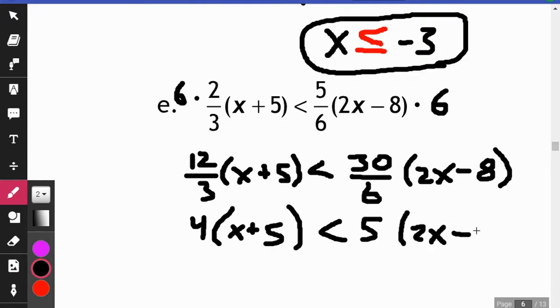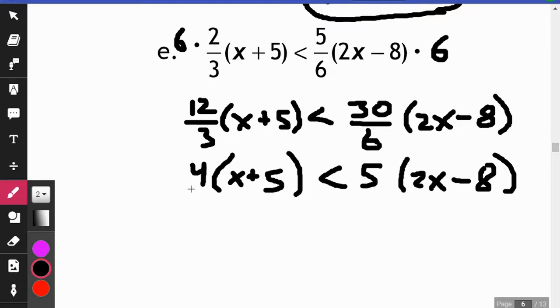Cool thing about this is I just rewrote the entire equation. This is the same equation as the beginning, but I don't have any more fractions. These 6's canceled out and left a 5. These 6 canceled out with a 3, and then there was a 2 left over to multiply, and I got 4. So there are lots of ways to think about it, but yes, now I don't have fractions.